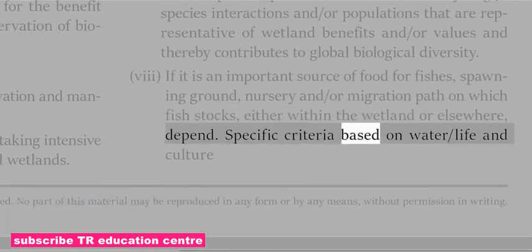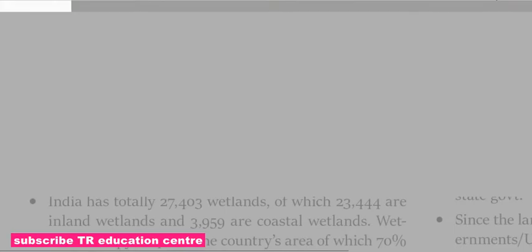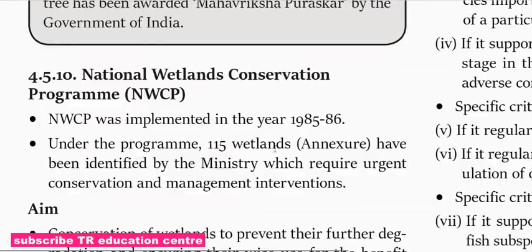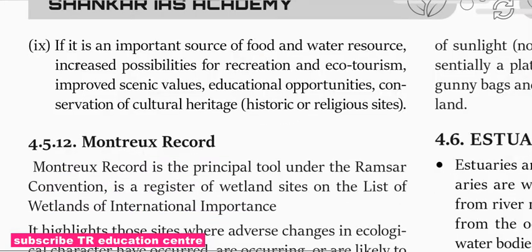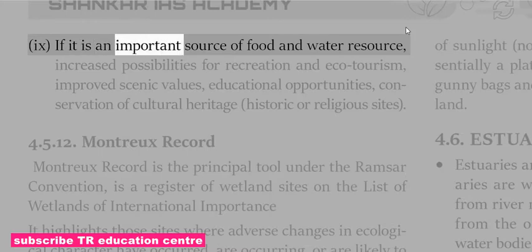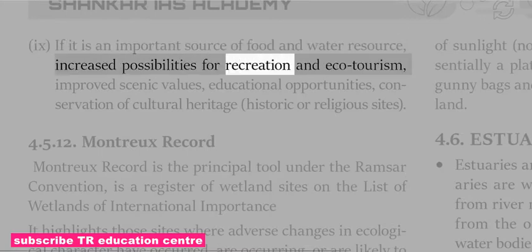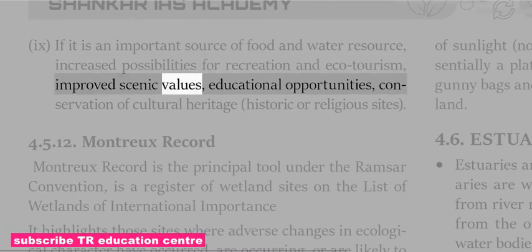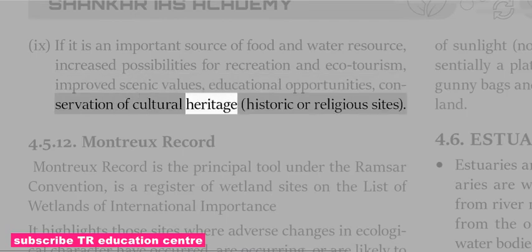Specific criteria based on water life and culture: If it is an important source of food and water resource, increased possibilities for recreation and ecotourism, improved scenic values, educational opportunities, conservation of cultural heritage, historic or religious sites.